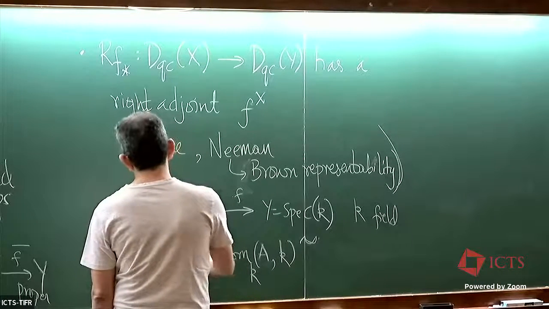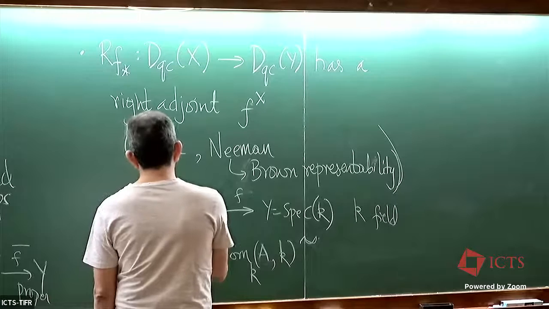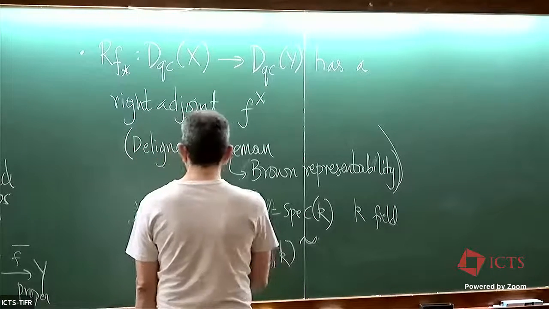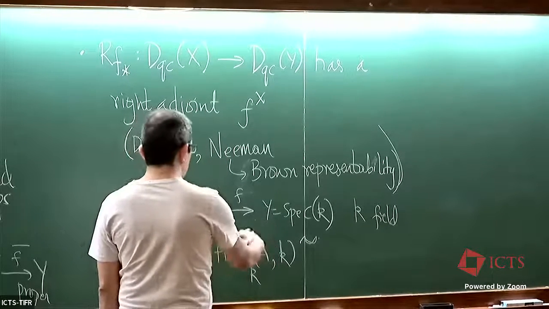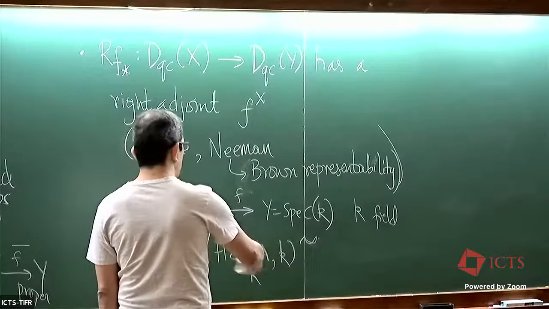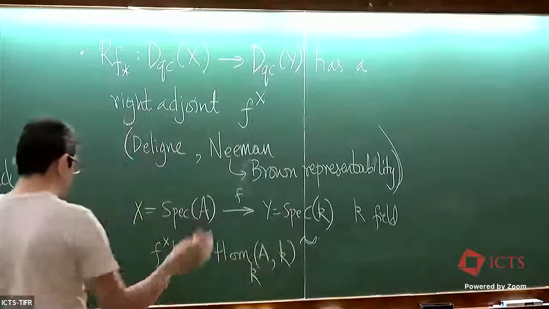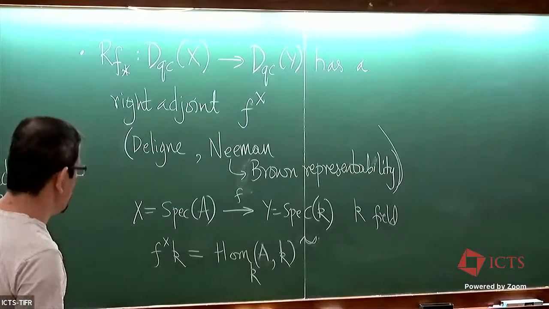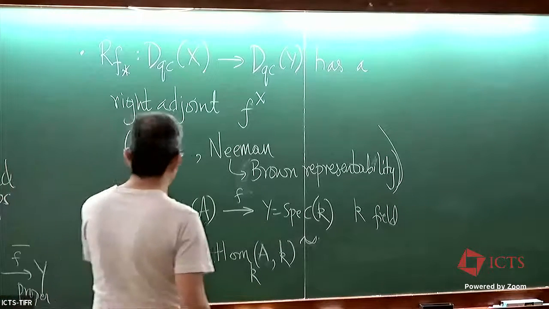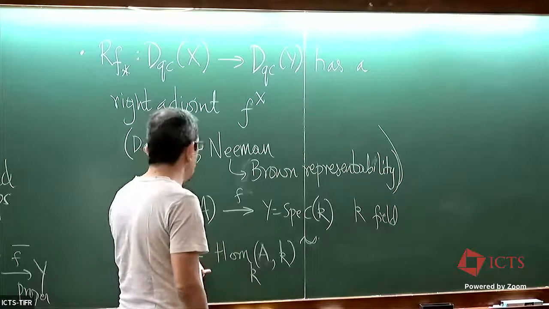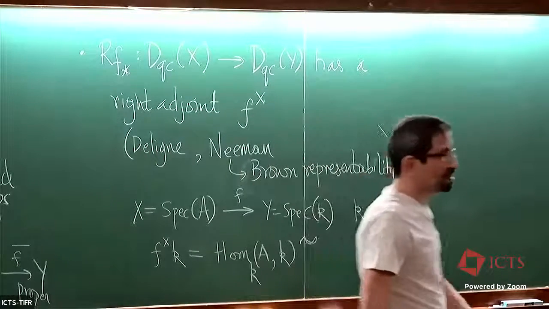So in general, if you have more open sets, you have to do a similar thing over all the various open sets and build up a Čech complex like structure, and that complex will be the answer. So in this affine situation, you can write down explicitly what f cross should look like.